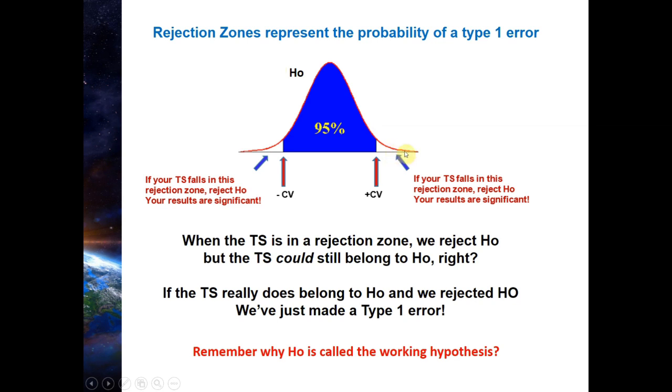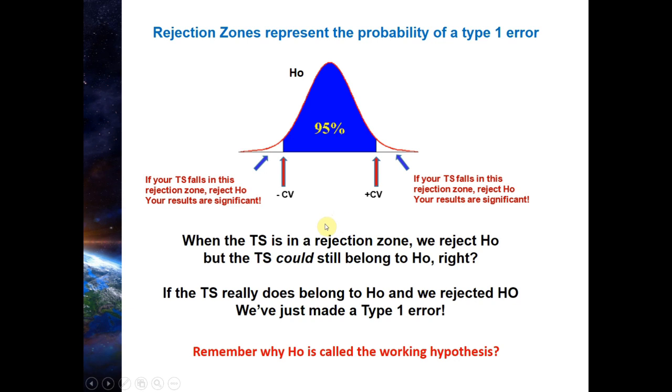So if we reject HO, thinking we've got a significant result and we've got more than sampling error, but it still belongs to HO, even though it's that small probability, then we've made a type 1 error. Okay?